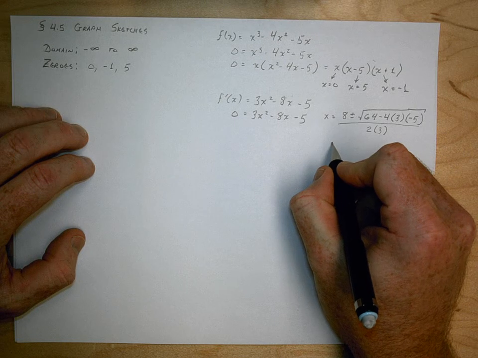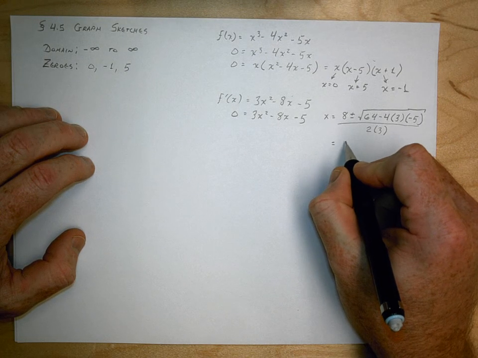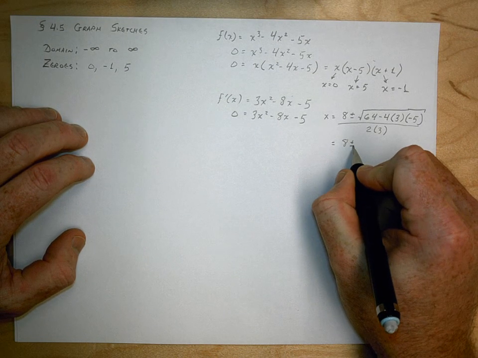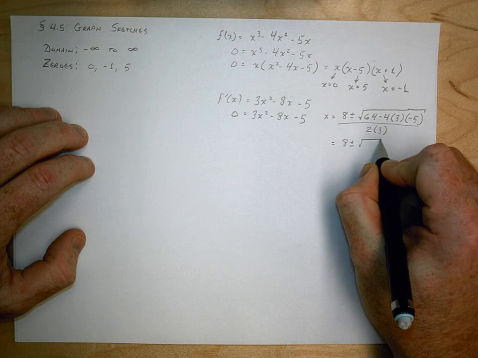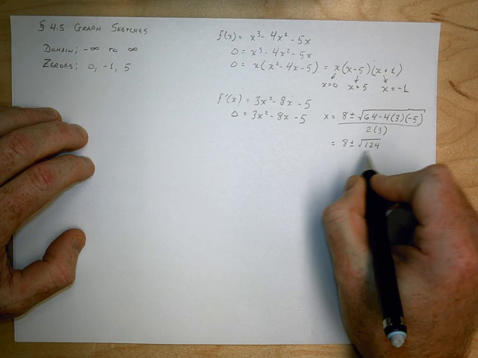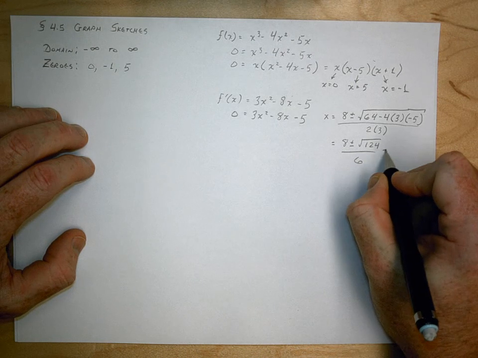Oh, good grief. This is going to be 8 plus or minus the square root of 124 over 6.